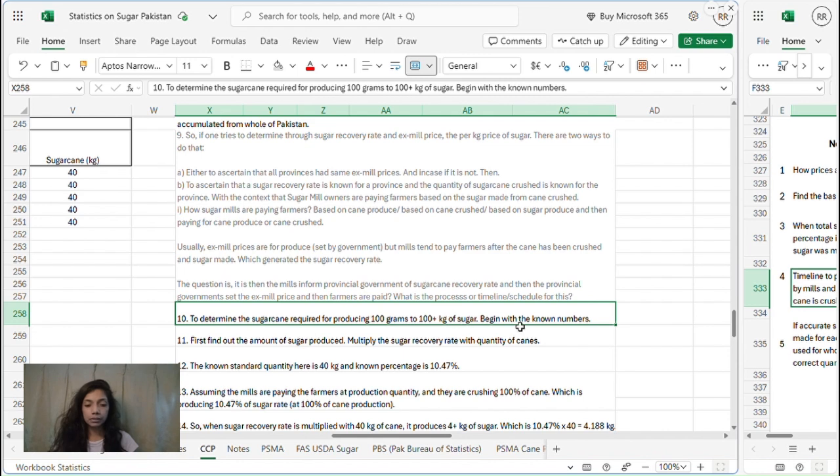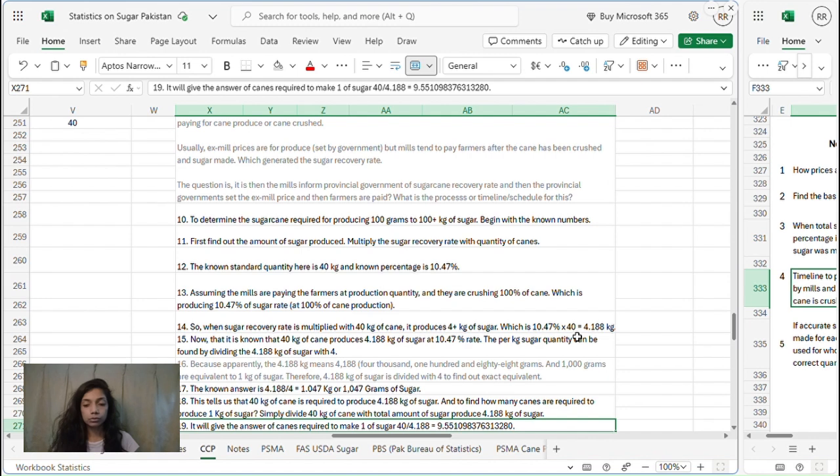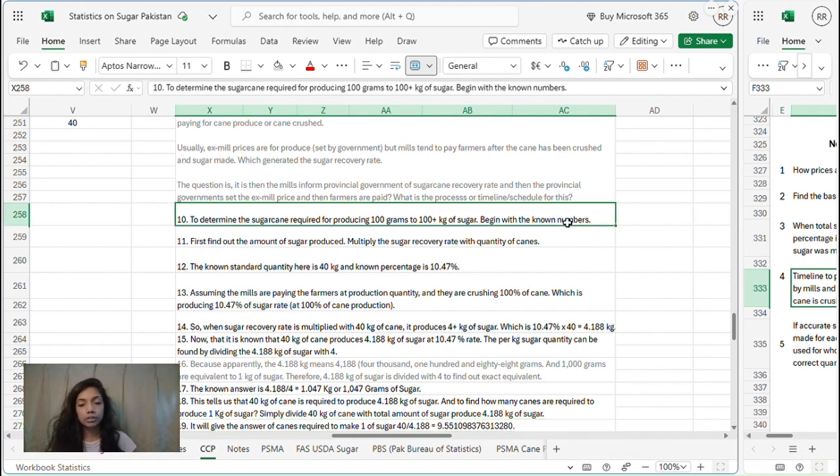To determine the sugarcane required for producing 100 kg of sugar, begin with the known numbers. When you have the known numbers, you can easily find the quantities of sugar produced and scale them to bigger numbers.